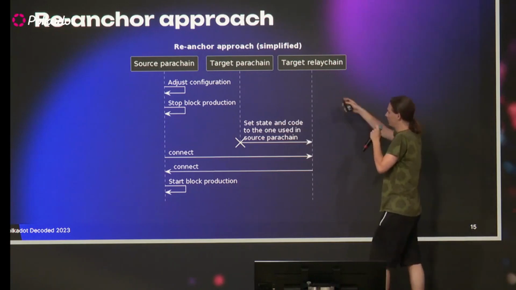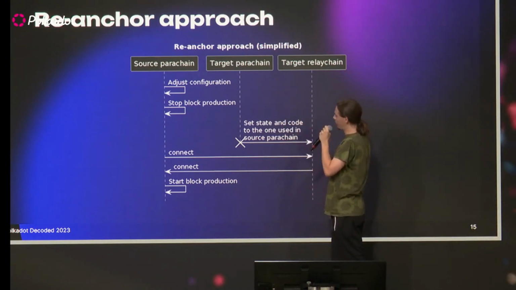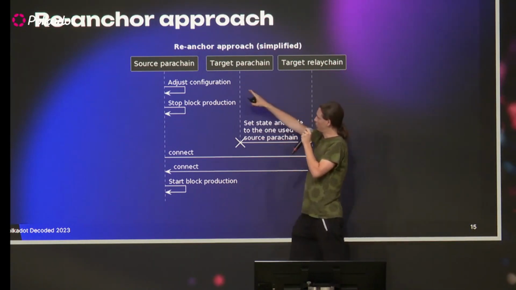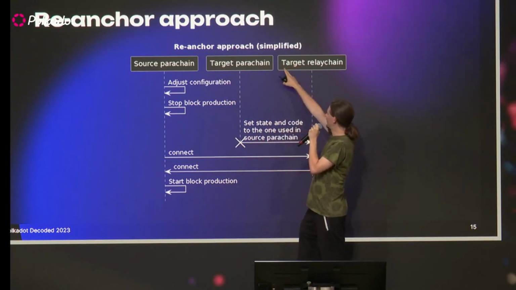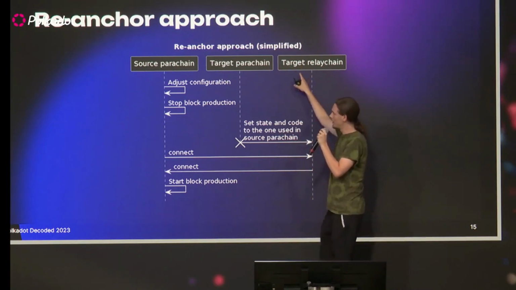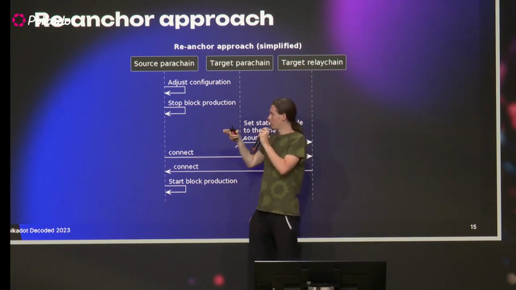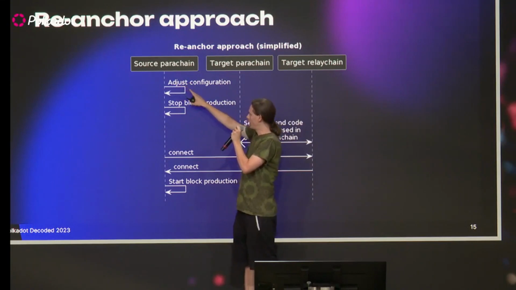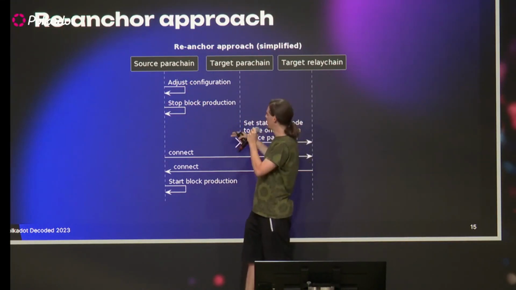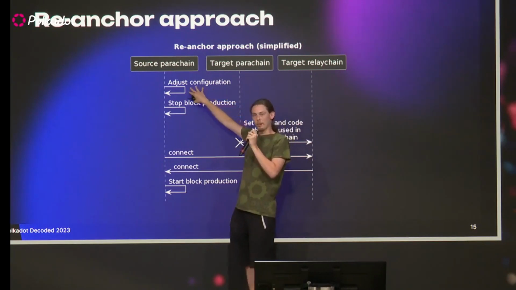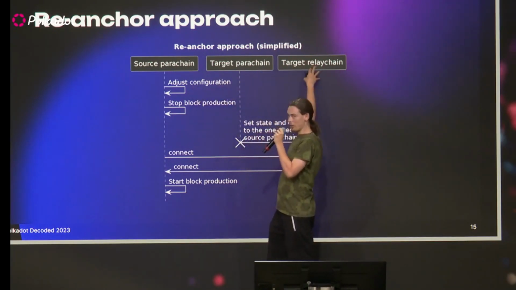You can see a sequence diagram here that shows the source parachain on Kusama, the target parachain on Polkadot, and the target relay chain Polkadot. The re-anchor approach would be: the source parachain adjusts the configuration of its own storage in a way that it's valid on the target relay chain on Polkadot.